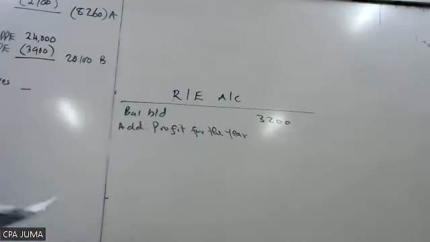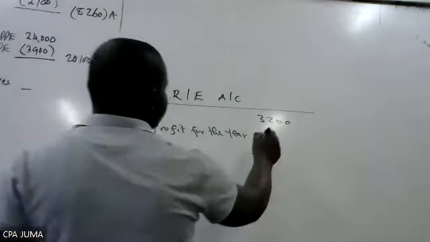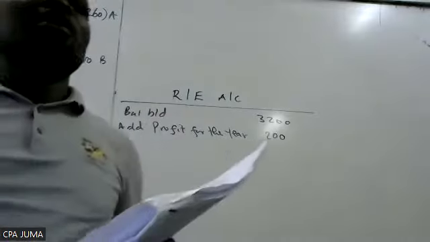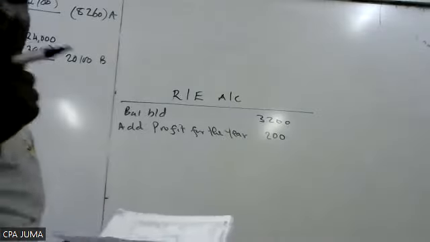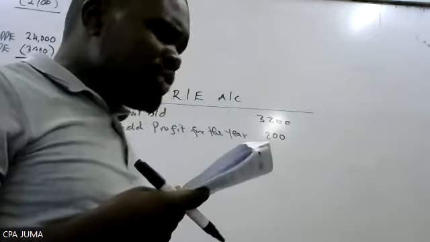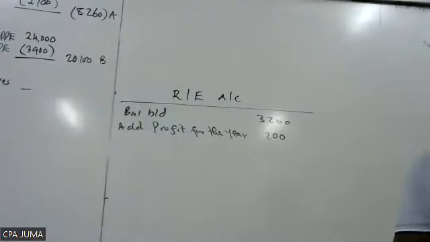Check P&L. 200. I hope you have seen the P&L up there. Then we add up and compare with the closing. But this question has an issue. Do you see that? Read the last bit of note 2.